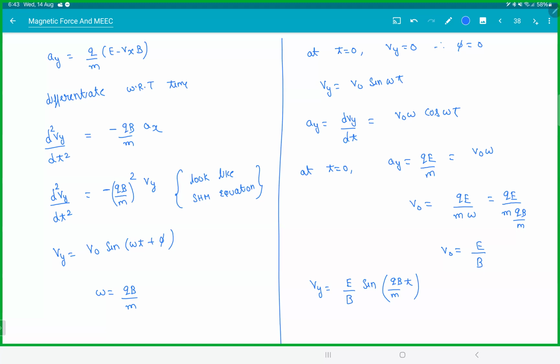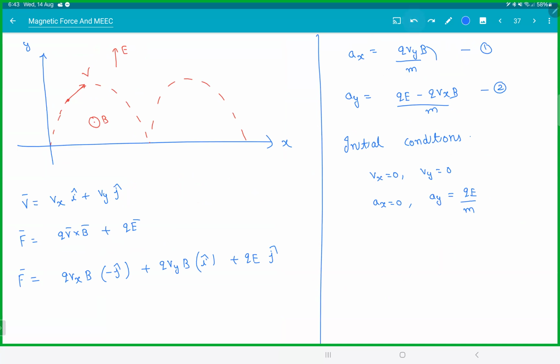We need to find Vx. How will you find Vx? Take Vy from here and substitute in this and integrate.